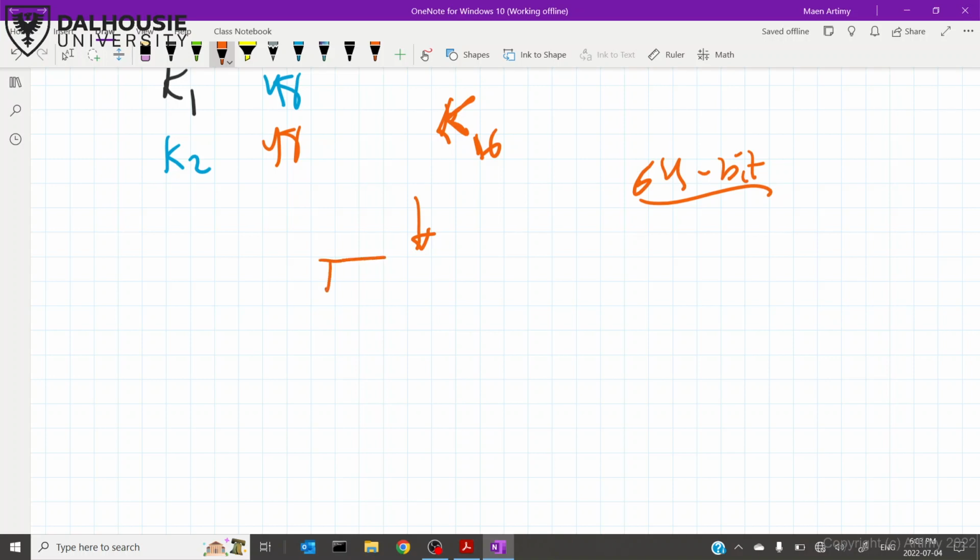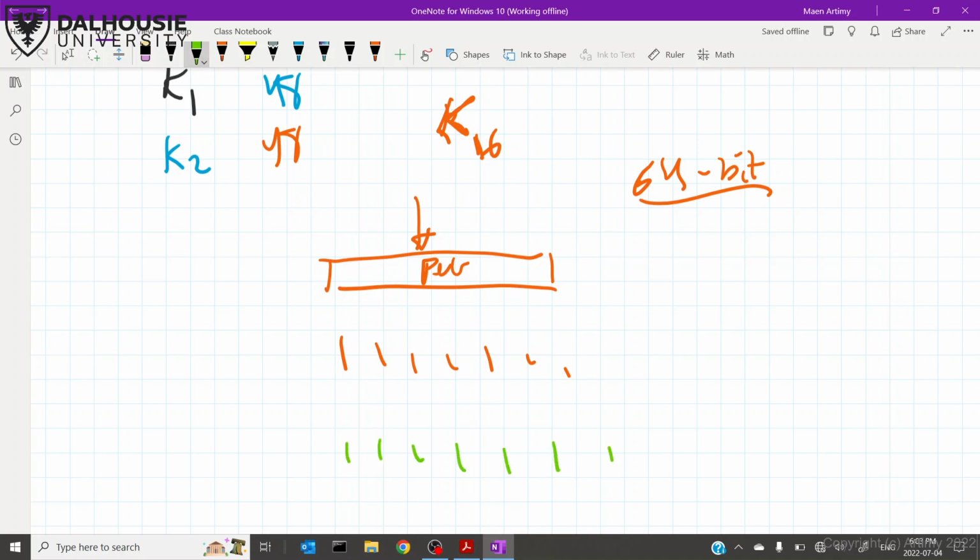Okay, so the first step here is the permutation. The permutation is simply mapping. So take 64 inputs, shuffle them, and give me 64 outputs. So the first bit may go here, the fifth bit may go here, the second bit may go here, and so on.